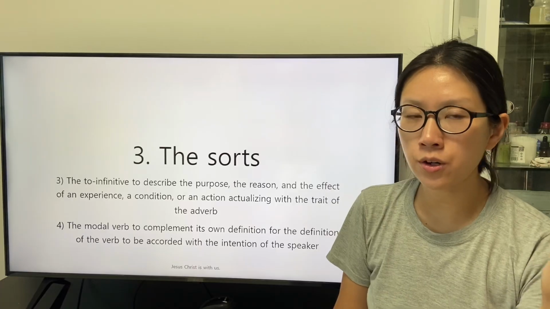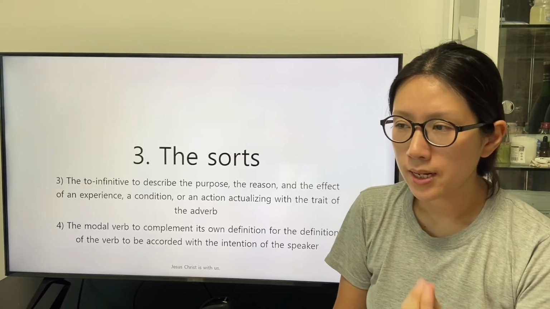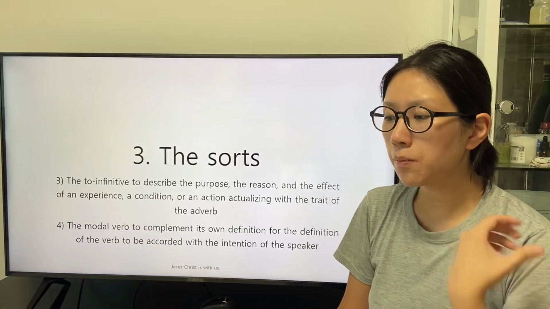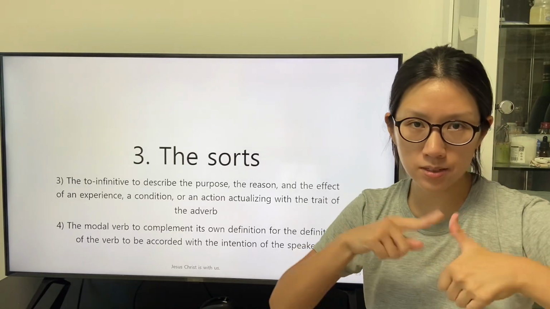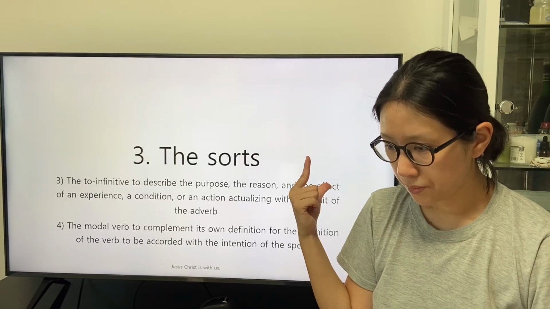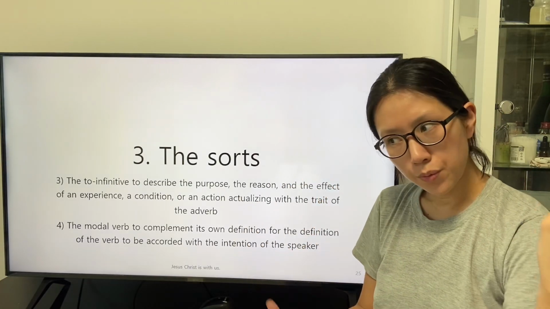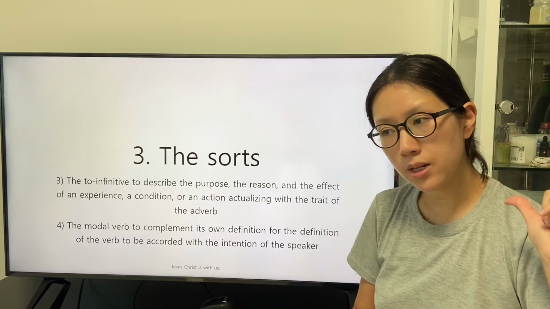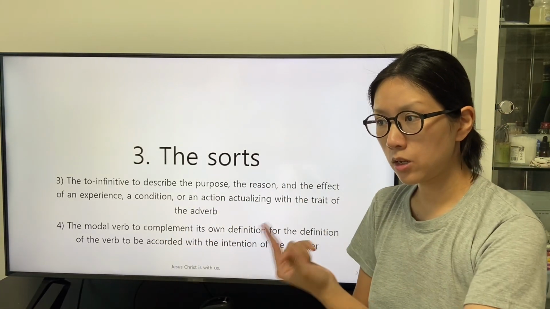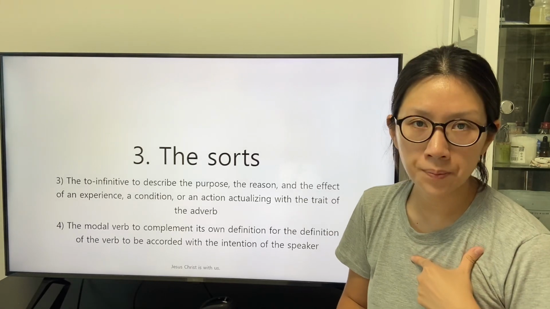The definition of the modal verb is applied to emphasize the definition of the verb or reveal that the definition of the verb is assumed by the speaker.